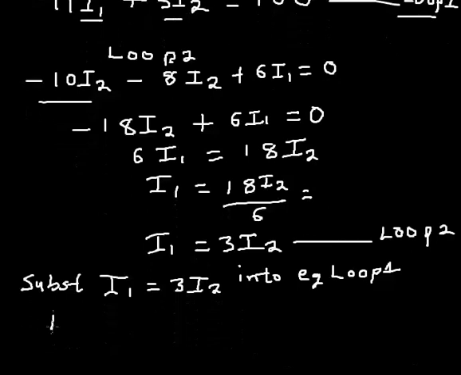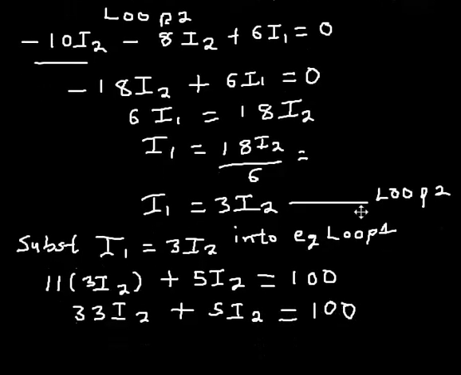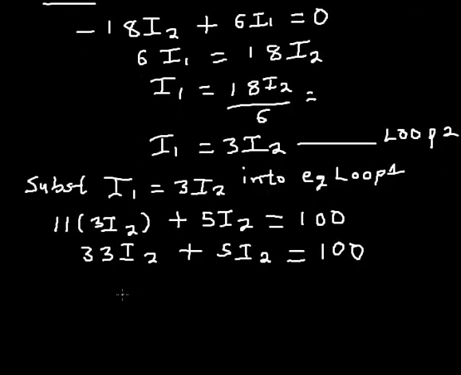That's going to be 11 multiplied by 3I2, then plus 5I2 is equal to 100. 11 multiplied by 3 is 33, so 33I2 plus 5I2 is equal to 100. This gives me 38I2, so 38I2 is equal to 100.